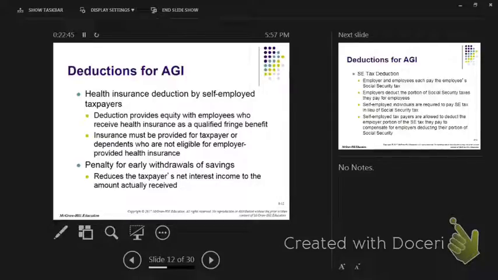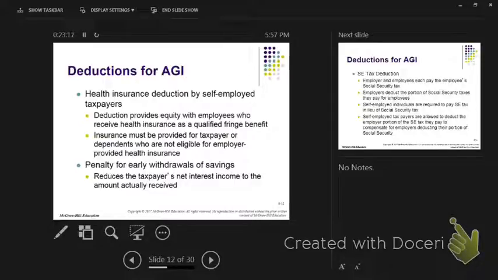You combine it, and then notice, we take our Schedule C income and multiply it by 92.35%. So we're not taking all of it, we're taking all of it but 7.65%. Now, if for some reason it's less than $400, then it's different. Now we look at that number on line 4.